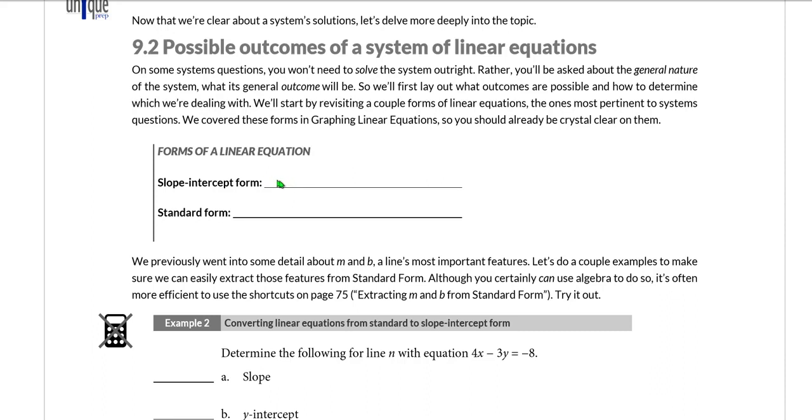There are actually a few places in the manual where we go over the common forms of a linear equation. One of them is slope-intercept form. Slope-intercept form of a linear equation is y equals mx plus b. Standard form, which again we have gone over elsewhere in this manual, is ax plus by equals c.